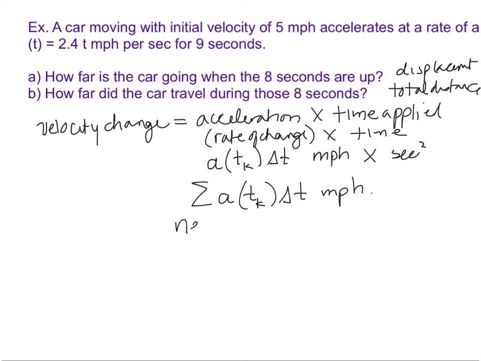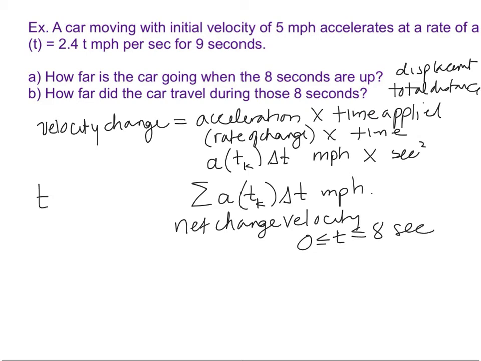And so this would be the net change in velocity between 0 and 8. All right. So what was t sub k?